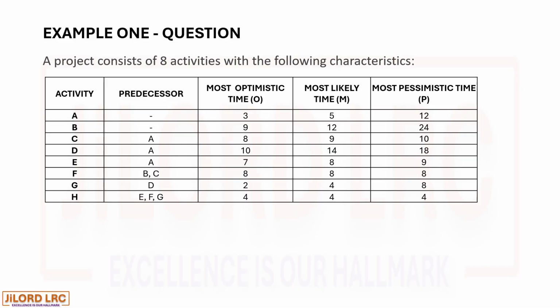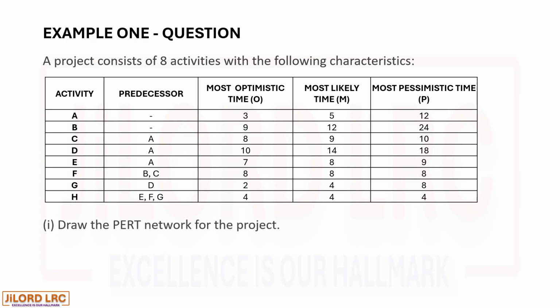Activity B also is a starting activity and has no predecessors. Its optimistic, most likely, and pessimistic times are given. So the table is complete, and this is the information we would use to solve the problem.